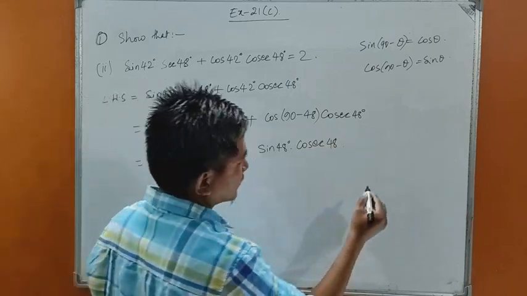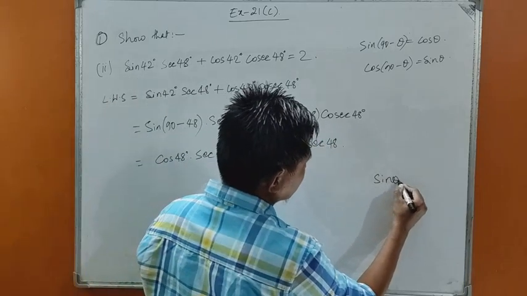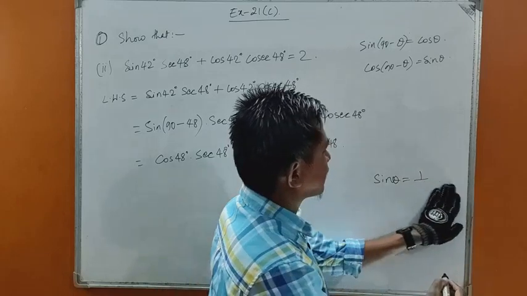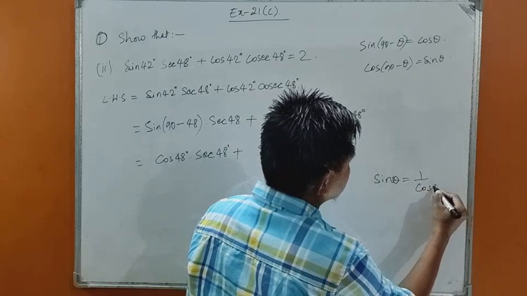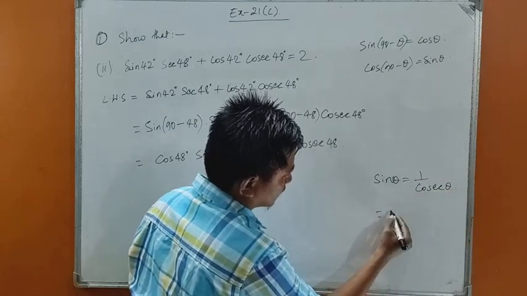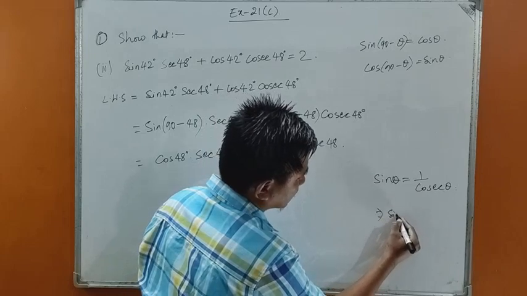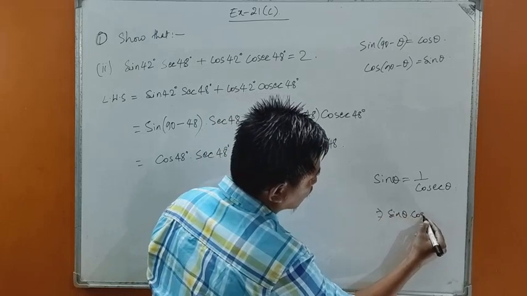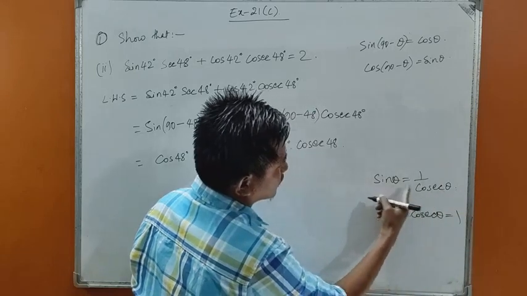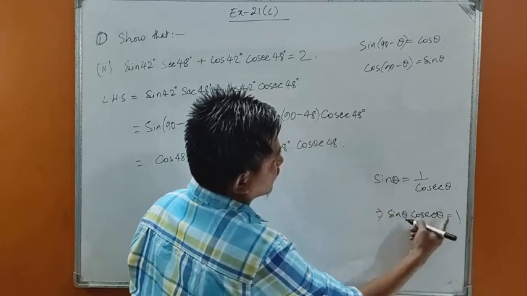Now you know that sin theta equals 1 upon cosec theta, isn't it? Sin theta and cosec theta are reciprocals of each other. So let's cross multiply this: sin theta into cosec theta equals 1.